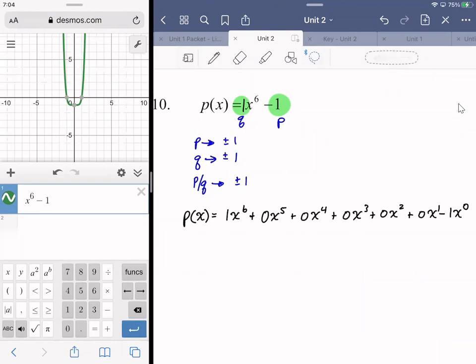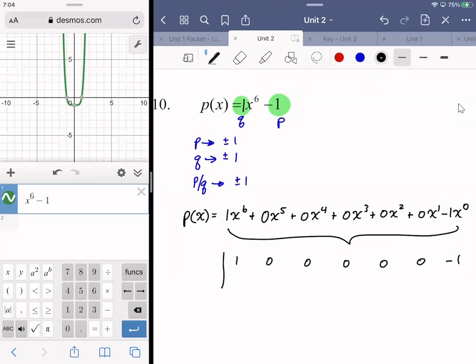All right, accounting for every exponent between 6 and 0. Since there were no terms that had power 5, 4, 3, 2, or 1, those must have coefficients of 0. So stripping it down to just the coefficients gives us this really lengthy expression.